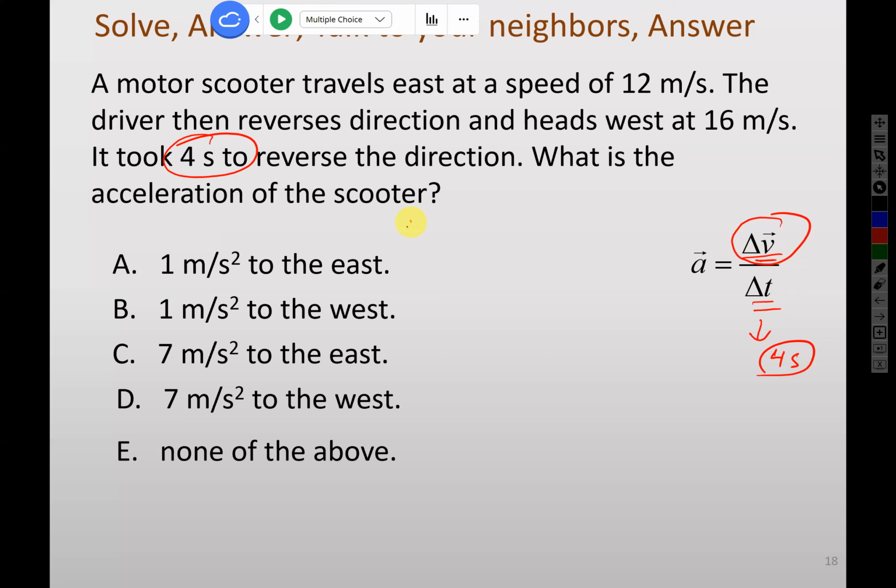Change in velocity means V final minus V initial. Or you can write V2 minus V1, or you can write V minus V0. So this is initial, this is final. Which one is initial here? The motor scooter travels east. So we need to assign the direction.